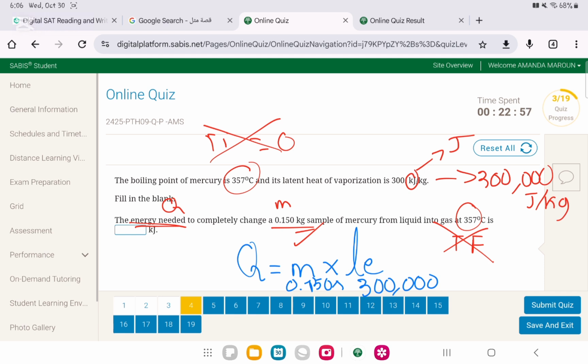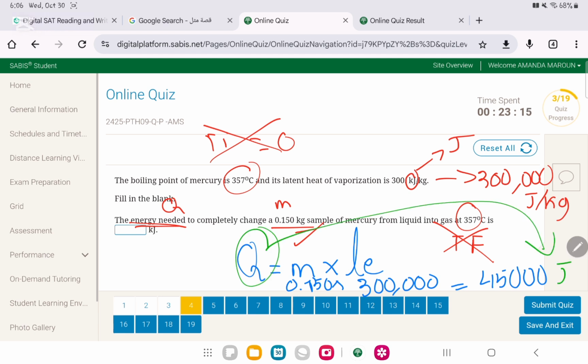And so then we get 45,000. But pay attention here. Remember that Q is always in joules. So here we have our Q in joules, but they need it in kilojoules. So very simply, to change from joules to kilojoules, we are going to divide by 1,000. So 45,000 divided by 1,000, we get 45.